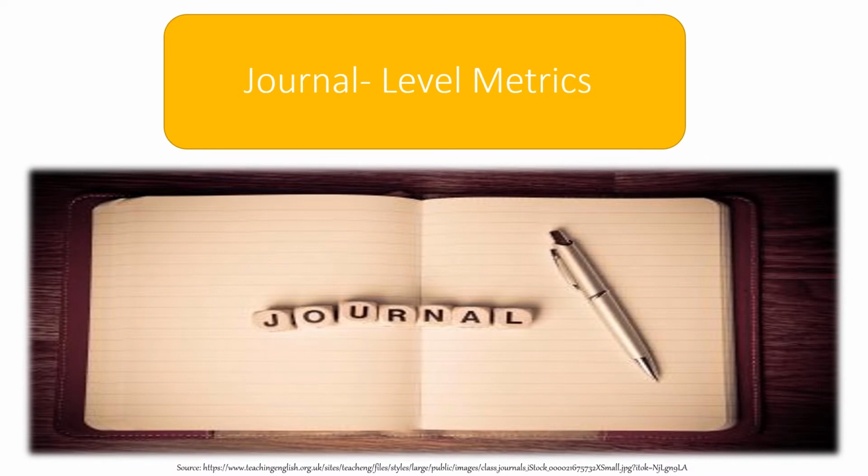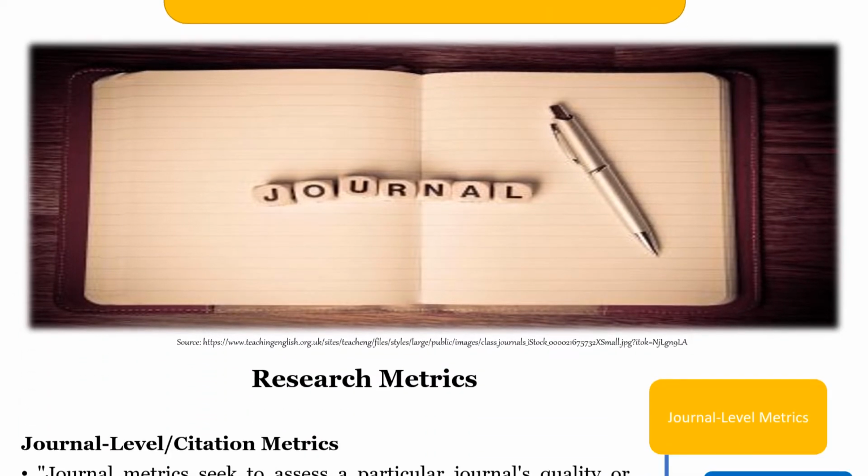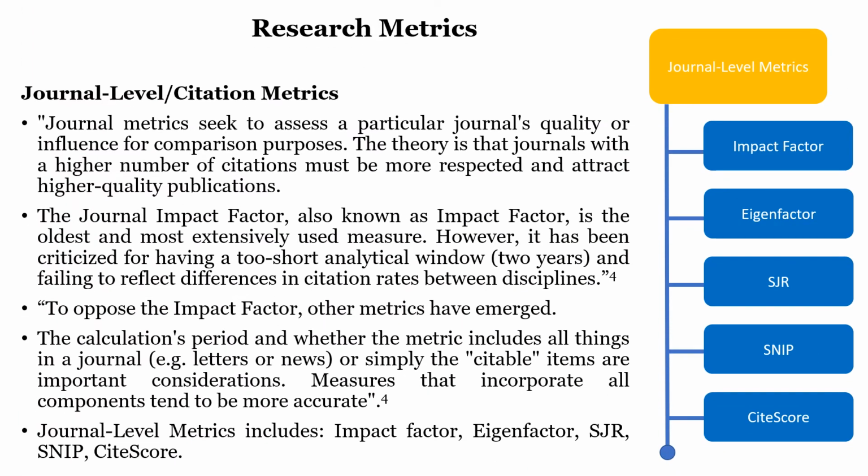First, we will take up the journal level metrics. Journal level metrics are used to determine the impact a journal has on the scientific community. It seeks to assess a particular journal's quality.